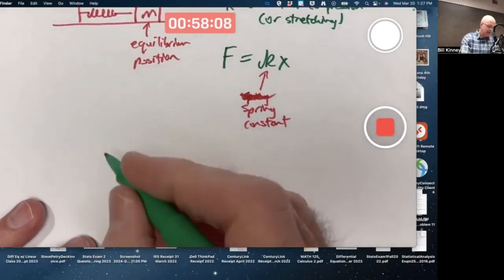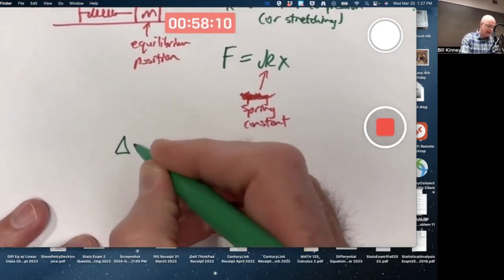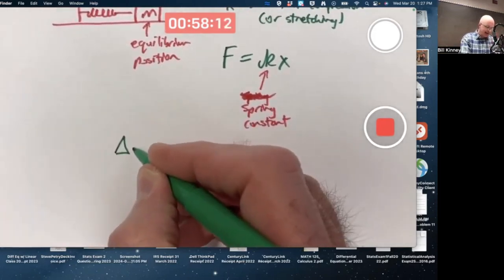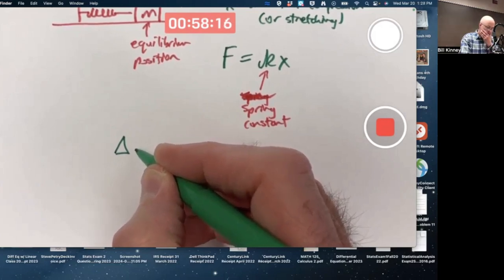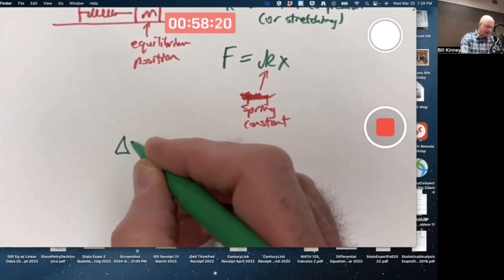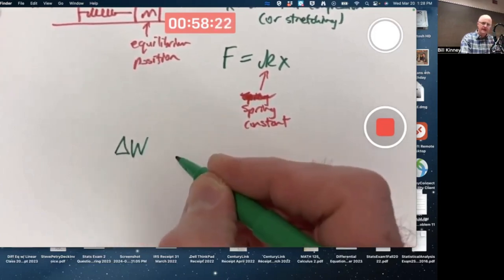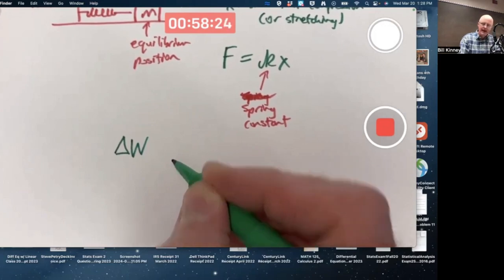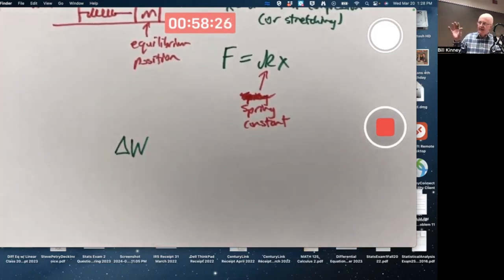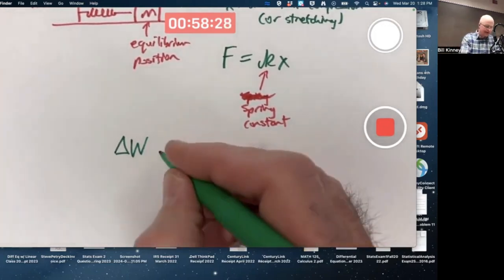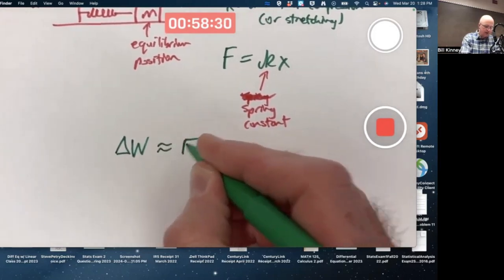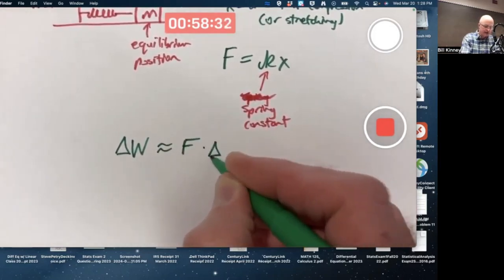You could say delta F. Let's see, how do I want to think about this? No, delta W, the small amount of work necessary to stretch it a tiny bit further, is an approximately constant force times a small amount of distance.